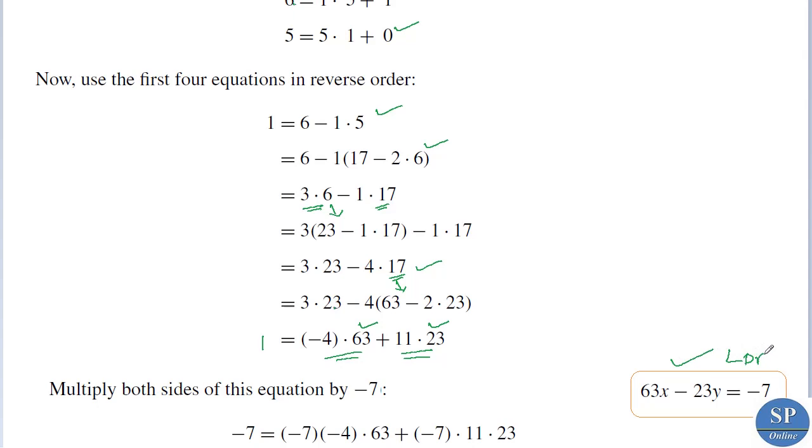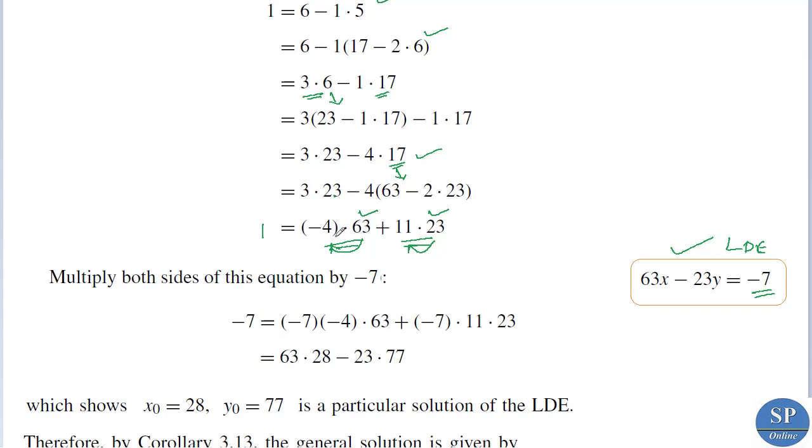Our LDE is 63x minus 23y equal to minus 7. So here we have 63 into something plus 23 into minus something, equal to 1. To get a solution of this, we have to multiply this equation by minus 7, because here we have minus 7. So minus 7 is equal to 63 into minus 4 into minus 7, plus 23 into 11 into minus 7.